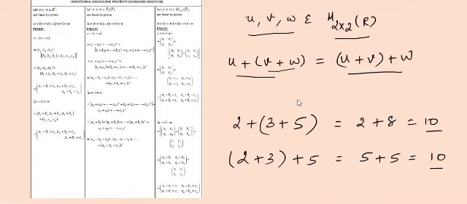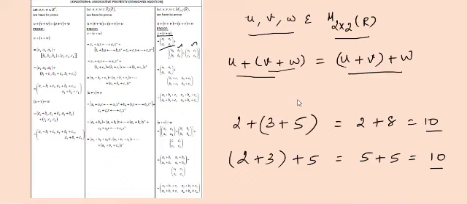See, for example, take this u plus v plus w. See, in what way we have to represent a problem, represent our answer, that is very important. I have substituted u and put a square bracket, and within that I have substituted the values of v and w.